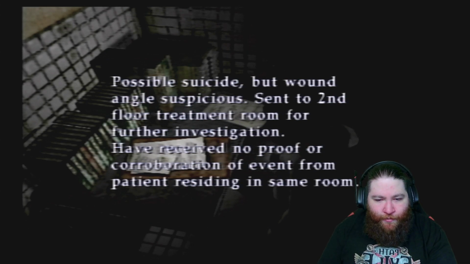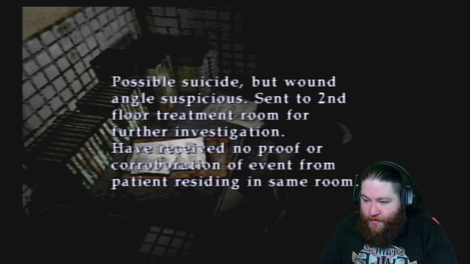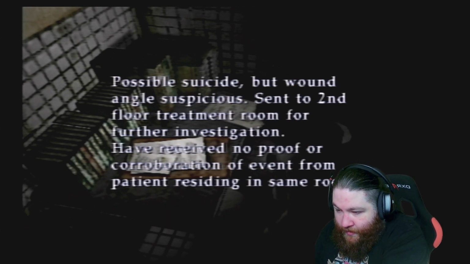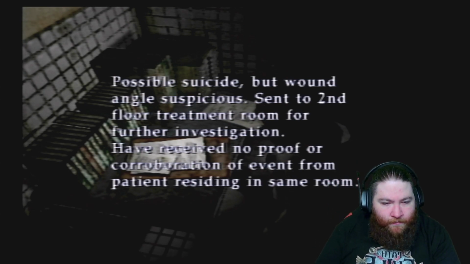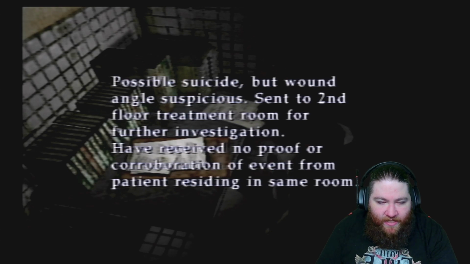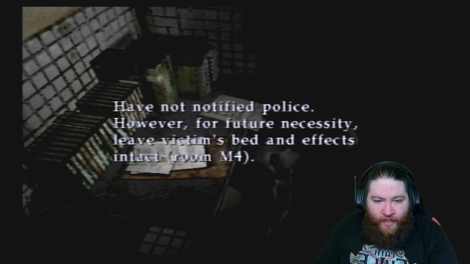Sent to the second floor treatment room for further investigation. I have received no proof or corroboration of event from the patient residing in the same room. Have not notified police, however, the future necessity leave victim's bed and effects intact, room M4.